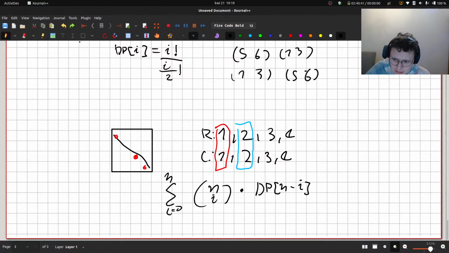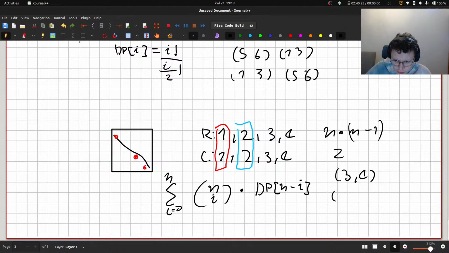So I say that we can choose the first pair in n times n minus 1 divided by n times n minus 1 ways, because I can either choose 3, 4 or 4, 3. How do they differ?